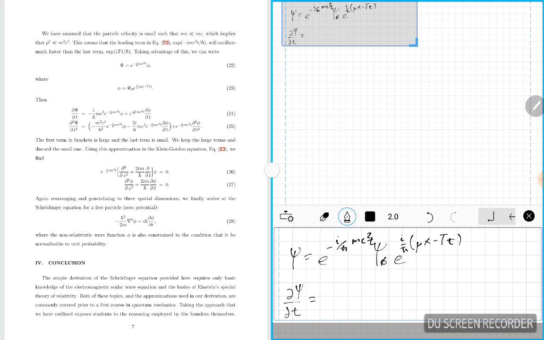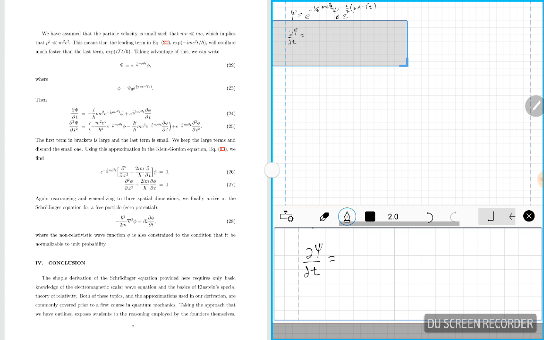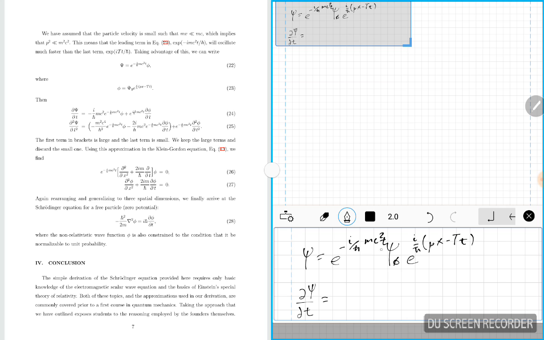There we go. So what I'm going to get there is derivatives of the inside. So I have this with respect to t, and then this is also going to be with respect to t.